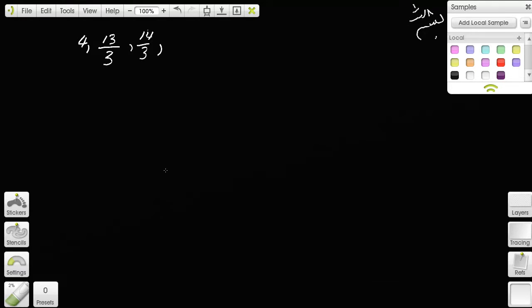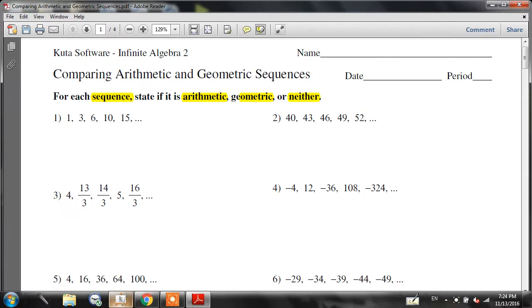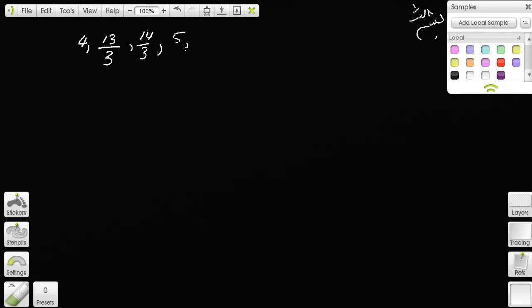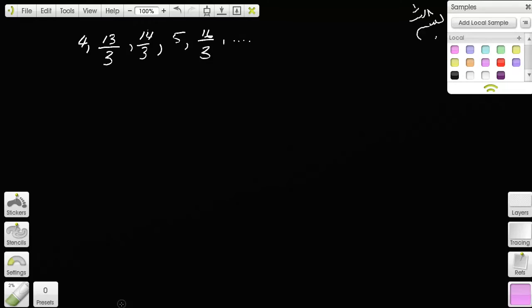I have no idea what's going on over here, so I'm just going to be methodical again. First thing, let's make sure we copied it correctly: 13 over 3, 14 over 3, 5, and 16 over 3.